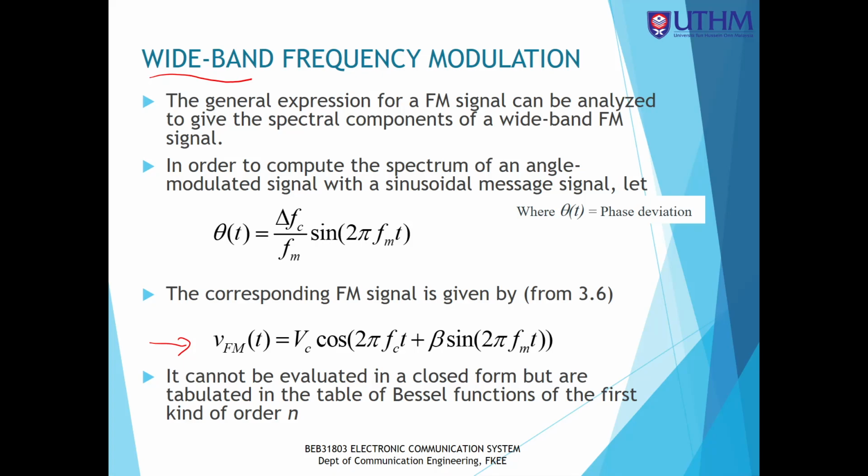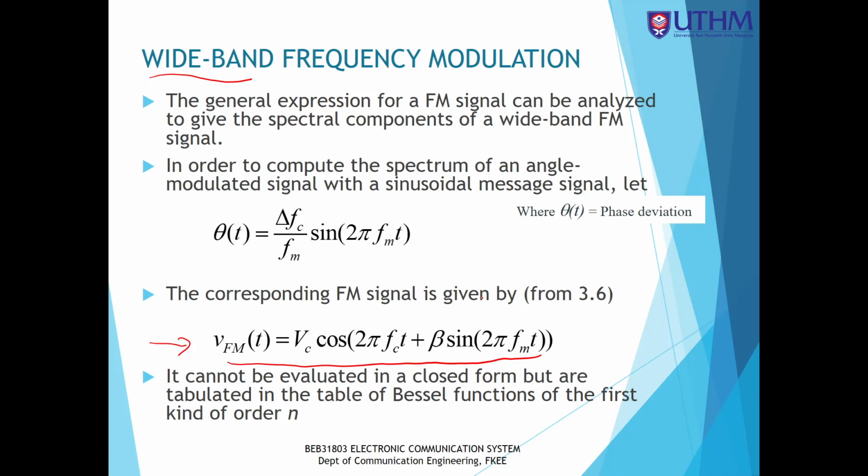Okay, so how to determine the bandwidth? The bandwidth actually depends on the value of the modulation index beta. Remember previously I said that the higher the modulation index, the higher the bandwidth. First we need to understand the general equation for frequency modulation, which is Vc cos 2 pi fct plus beta sine 2 pi fmt.